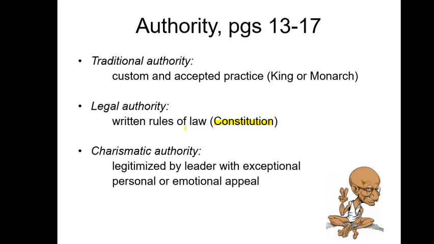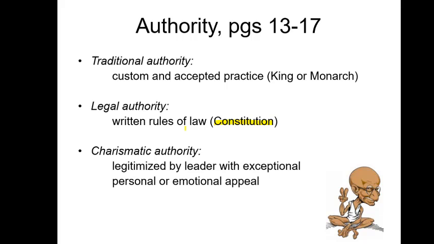We also have, you could say, Nelson Mandela, a very charismatic authority after getting out of prison, being in prison for so many years, and then a very popular person that becomes leader. And Martin Luther King was put in the position of leadership of the civil rights movement because of his personal appeal.